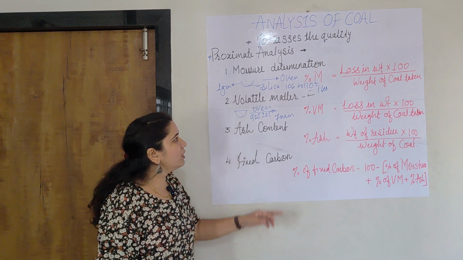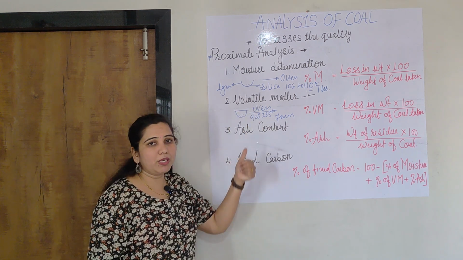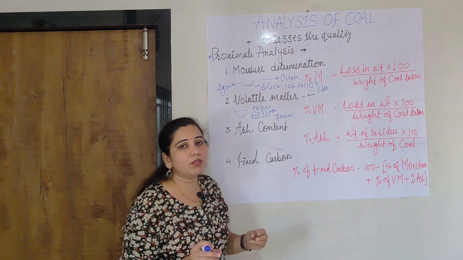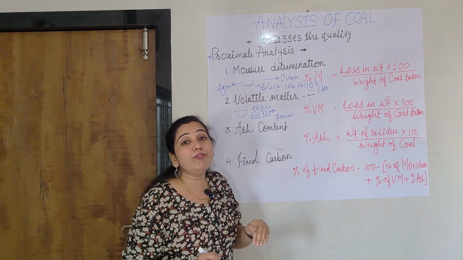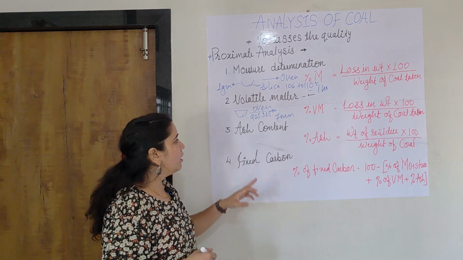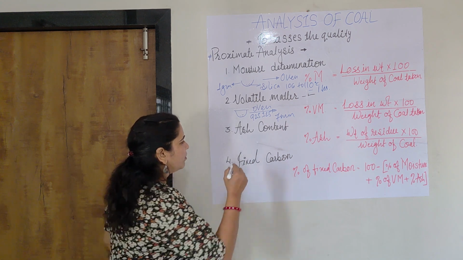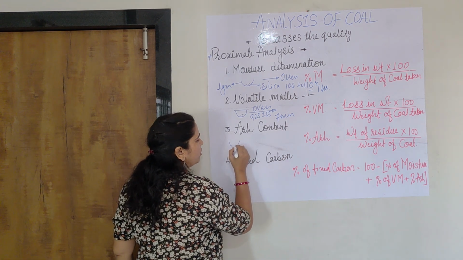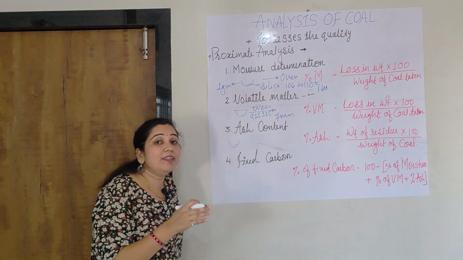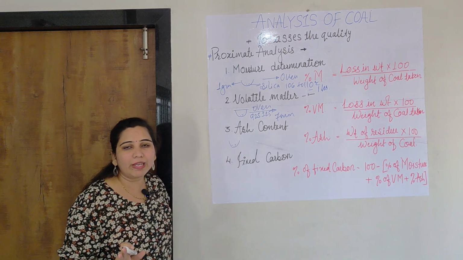Okay, now moving further, the same substance of the coal will be there. So for the calculation of ash content, simply take again that same silica crucible. Now here, for the third time, there is no requirement of any lid.